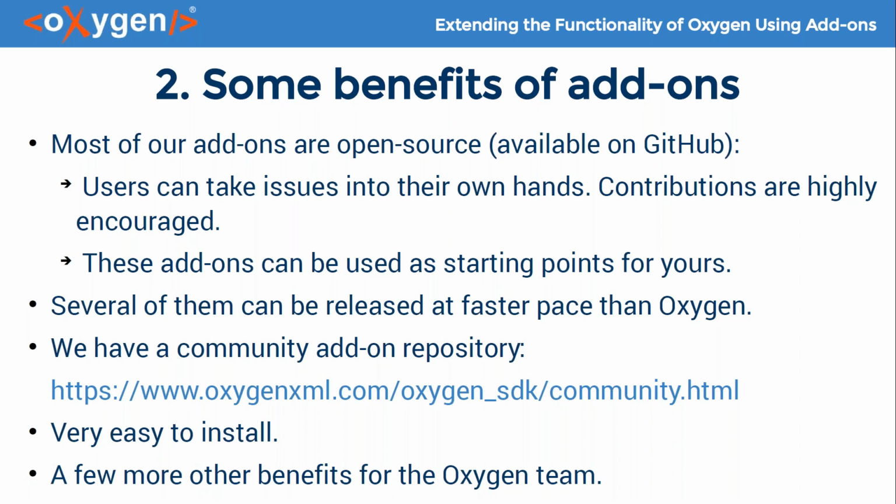Several of our add-ons can be released at a faster pace than Oxygen. So in the past several years, we released one major version of Oxygen and one minor version each year.